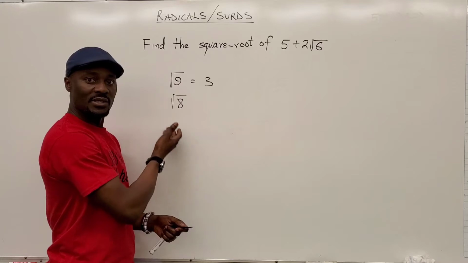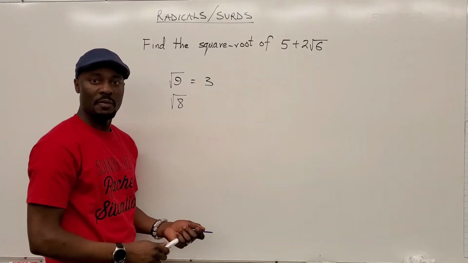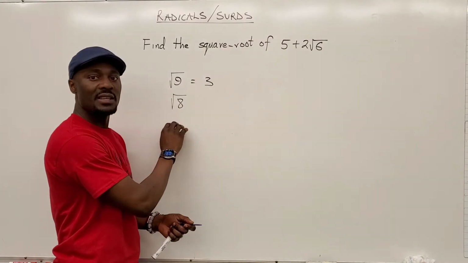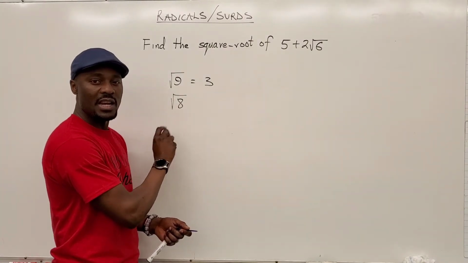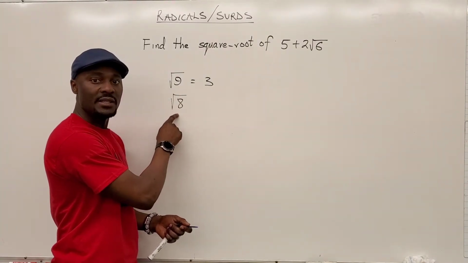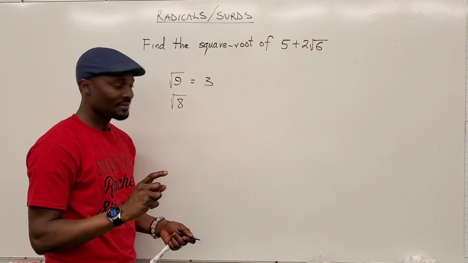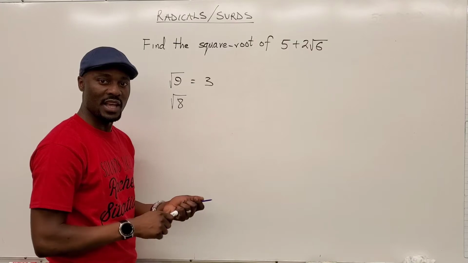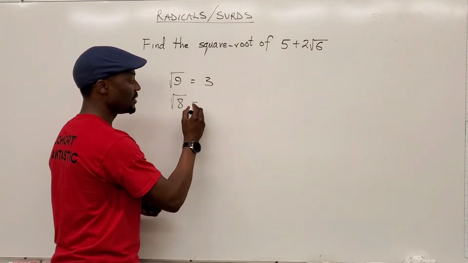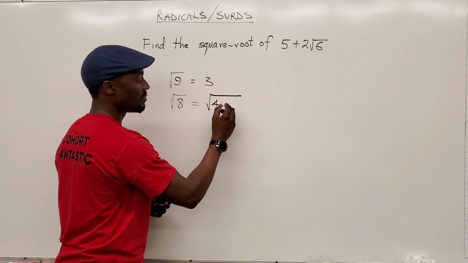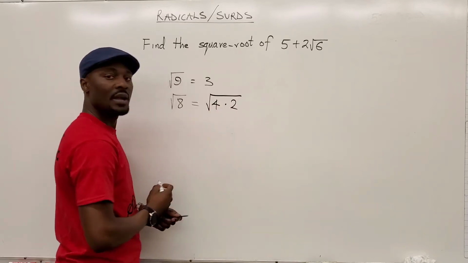But there is a way you can simplify the square root of 8. You just have to ask yourself, I don't want to leave the number 8 in there. Is there a number that will divide 8 but also is a perfect square? Yes, I can break down the 8 into the square root of 4 times 2.